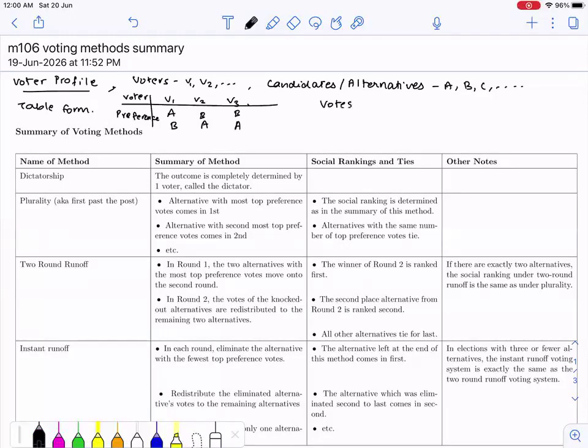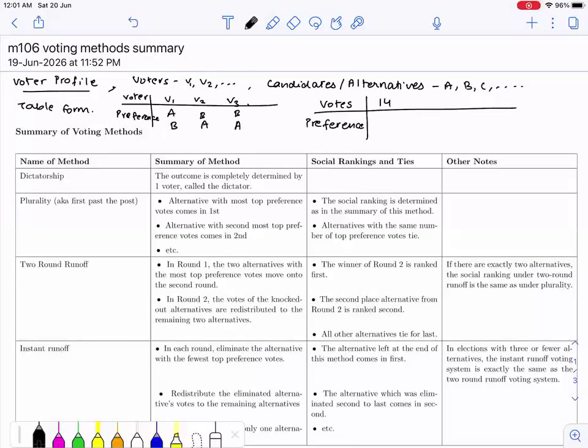More commonly, what you'd see is not individual voter preferences, but a summary of their preferences. So instead of individual voter profiles, you'd be given the number of voters who have this preference.